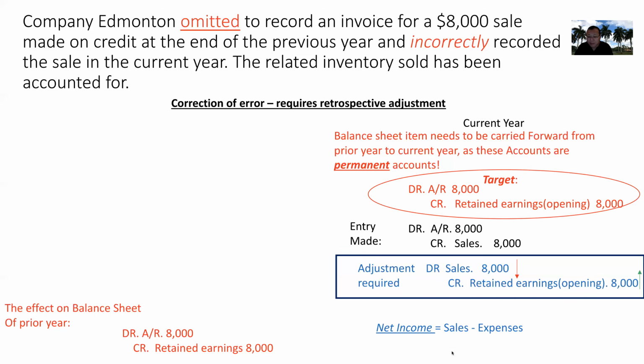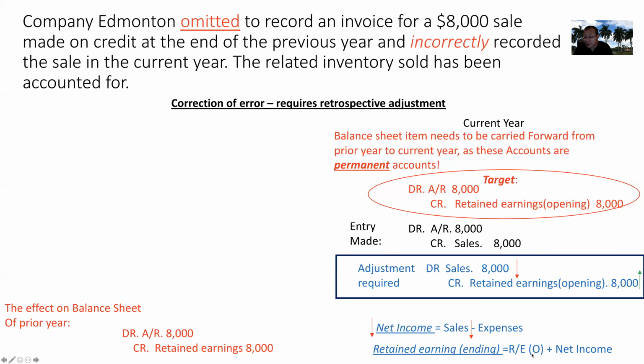Okay, so my net income equals sales minus expenses. My sales reduced by 8,000, so my income will be reduced by 8,000, right? You should not recognize the $8,000 in the current year. You have done that in the previous year, right? Now, how about my ending balance of retained earnings? My retained earnings ending balance equals retained earnings opening balance plus net income.